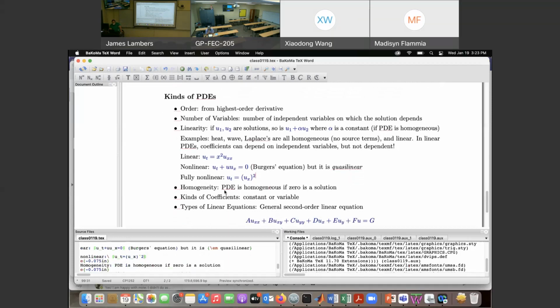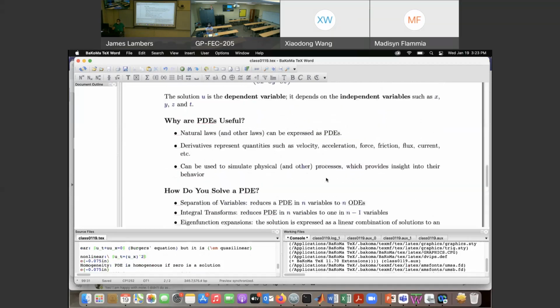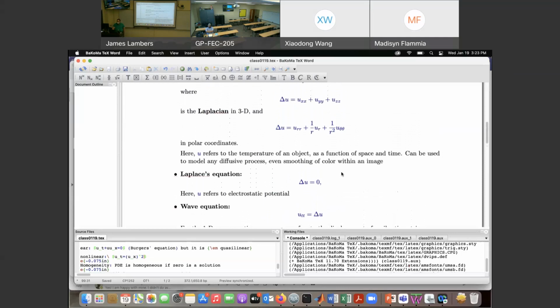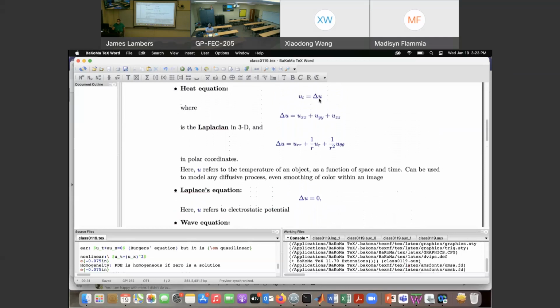Is the PDE homogeneous? Yes, if u equals 0 solves the PDE. So if I go, for instance, to the wave equation, Laplacian of 0 would certainly be 0. Second derivative of 0 with respect to time, of course, is 0. So the PDE is satisfied. So all three of these PDEs are homogeneous because 0 is a trivial solution.